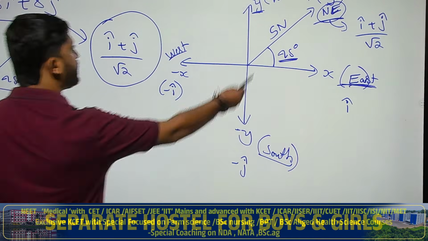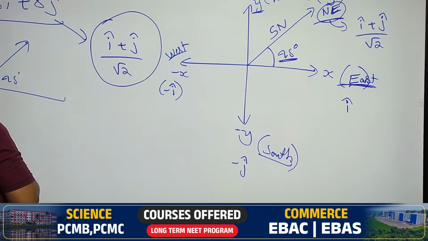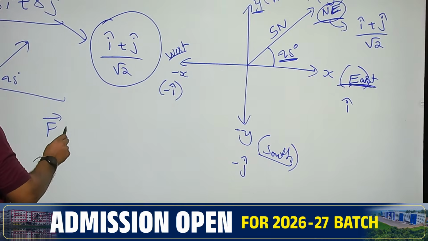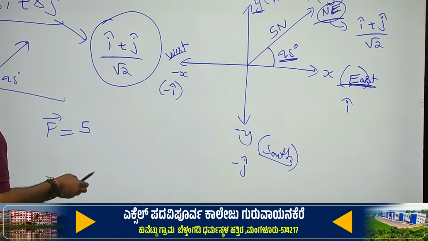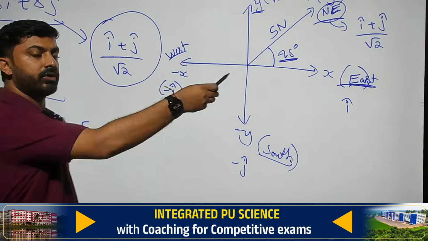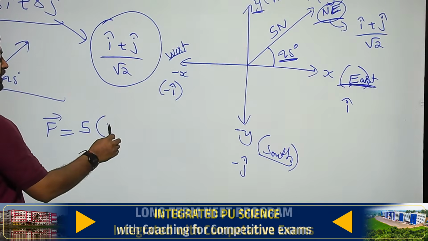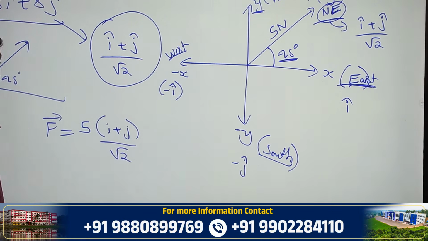How can we represent this vector? That vector 5 Newton is a force. That force is represented as, the magnitude is 5. This 5 Newton is in northeast direction. Then its unit vector is i plus j divided by root 2.